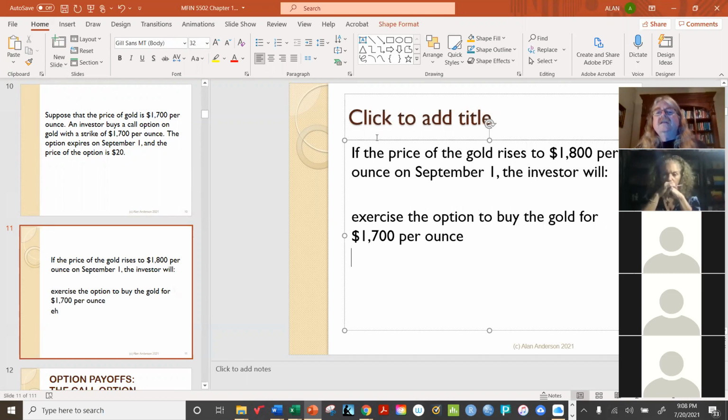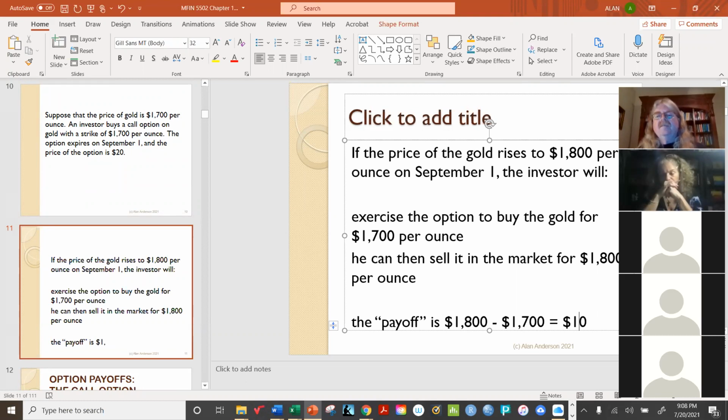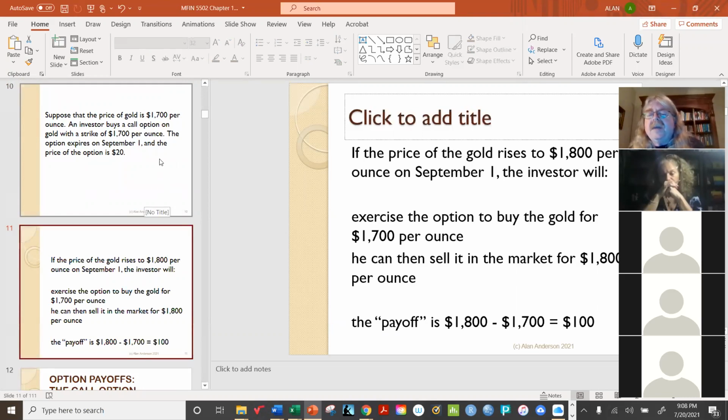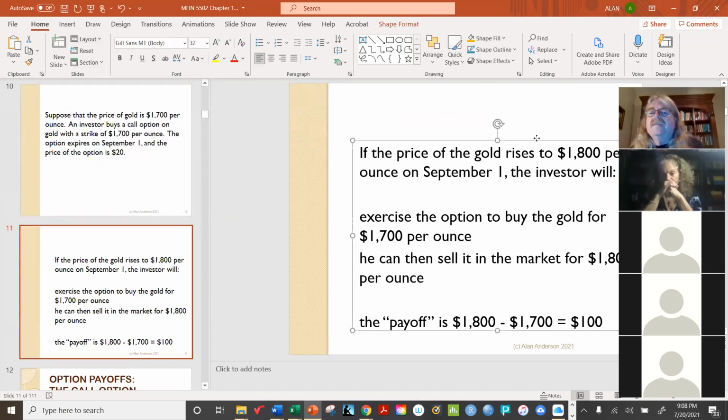Now, he can then sell it in the market for $1,800 per ounce. So we say here that the payoff is $100. In other words, 1,800 minus 1,700 is 100. So my reward for buying this option is that I get to pay $1,700 for something that's worth 1,800.